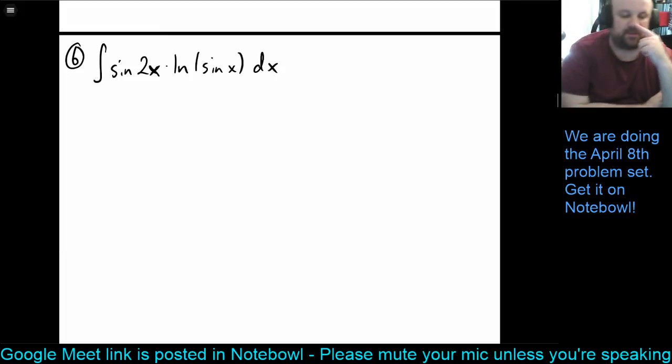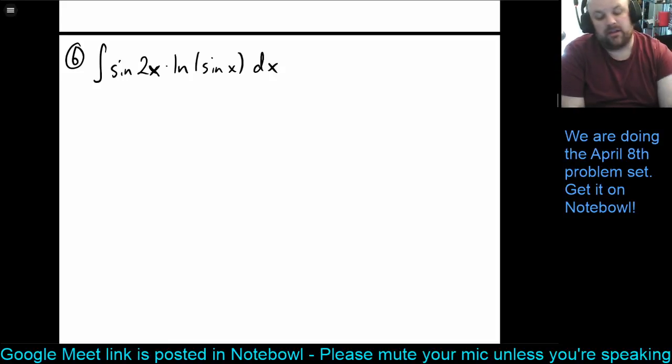What we want to do is make the substitution u equals sine of x, because that sine inside of the ln is noxious. But if we do that, we need a cosine x somewhere to handle the du. We don't have that, at least not explicitly.